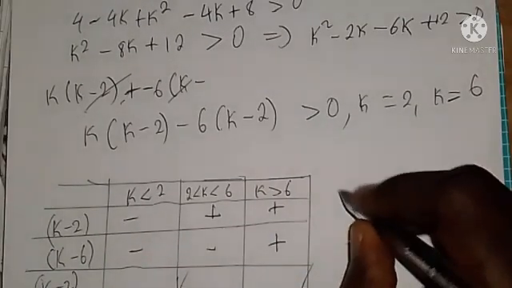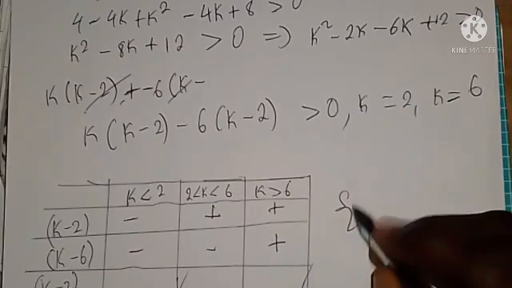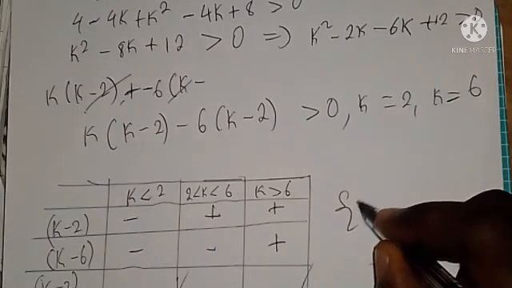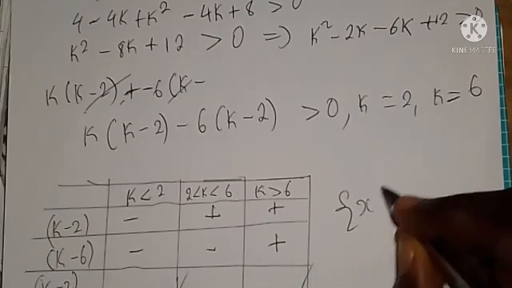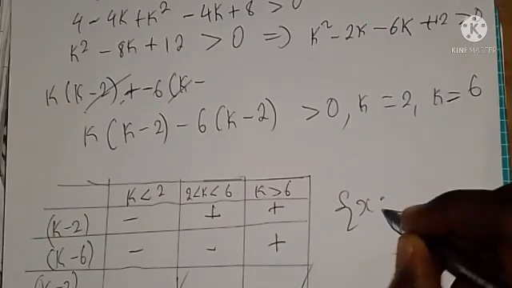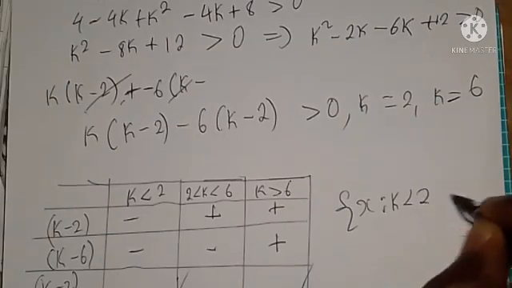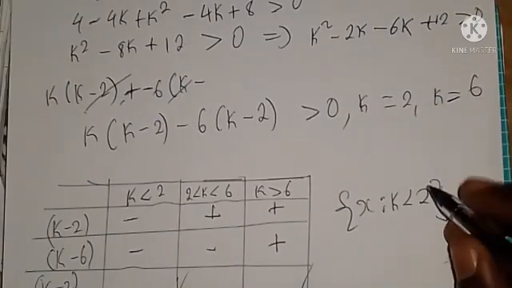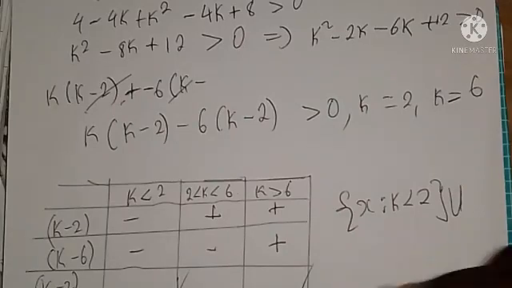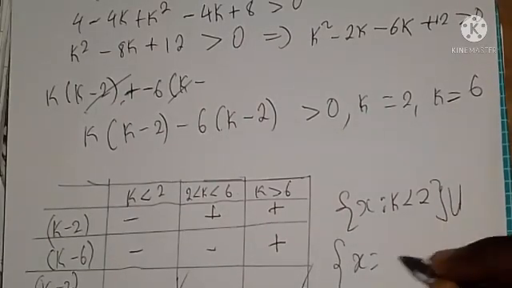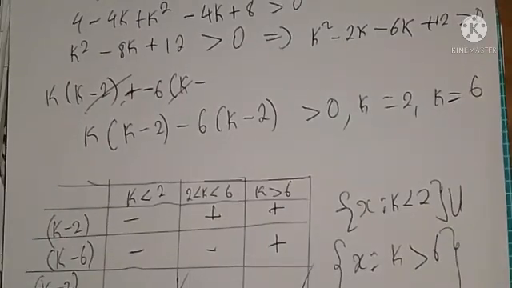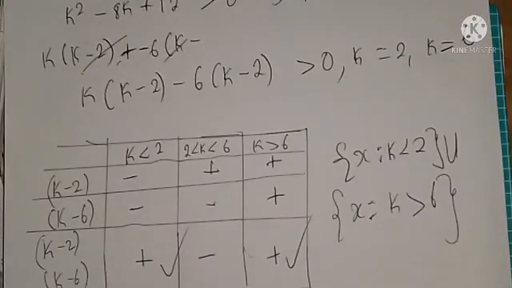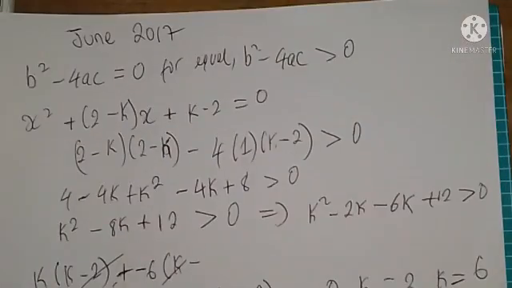It's going to be represented like this: k less than 2 union k greater than 6. So it is for this range of values that we can have values greater than 0 in our original equation.